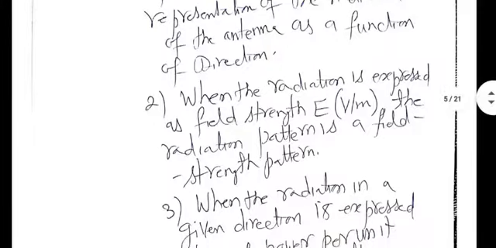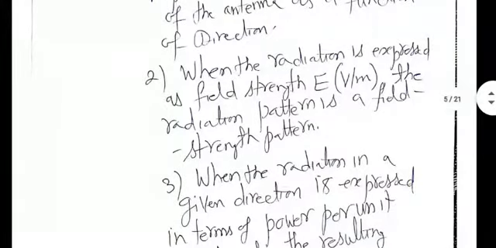There was a time people were plotting radiated power versus theta phi. That kind of pattern was known as power pattern. Today, generally, we use field strength pattern, which means the magnitude of E is plotted with theta and phi if necessary. Okay.